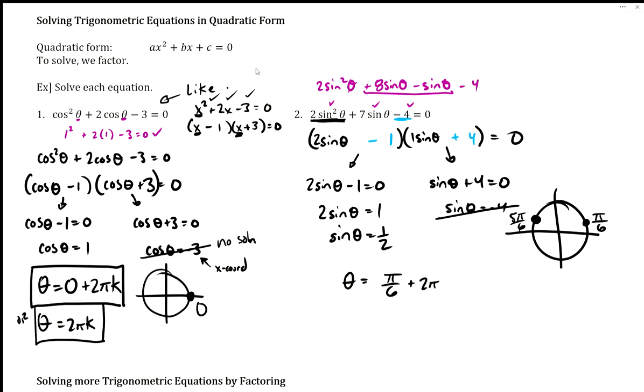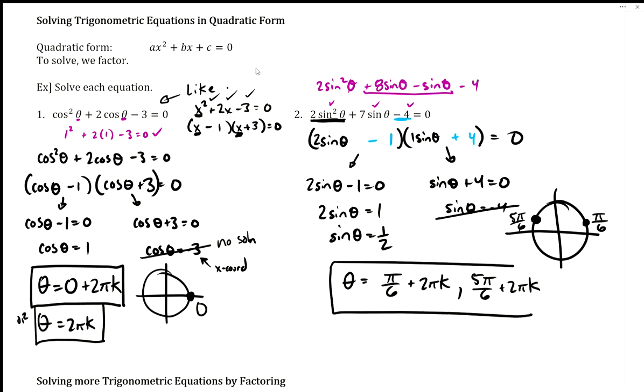So then we'll do plus 2 pi k, and then comma, 5 pi/6 plus 2 pi k. And that's it. And then like the previous problem, we could check it. We could plug in pi/6. It will work. If you do want to double check all of it, go for it. But I think we can be done with this to save a little time.